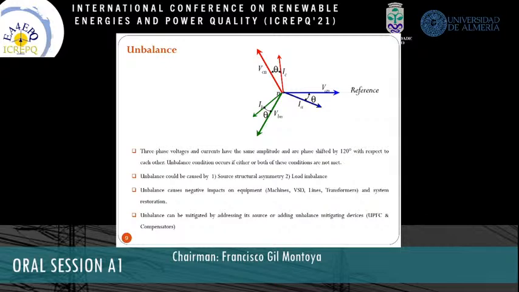Unbalance causes negative impacts on equipment such as machines, variable speed drives, lines, transformers, and system distortions. Unbalance can be mitigated by addressing its source or adding an unbalance mitigation device like Unified Power Flow Controller UPFC or compensator.